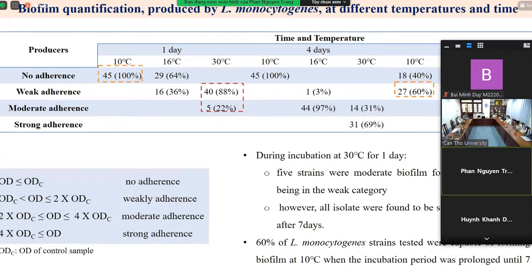But after 7 days, 27 isolates, meaning 60% of Listeria monocytogenes, were capable of forming biofilm. This is a risk of cross contamination because it is 10 degrees in the packaging zone.